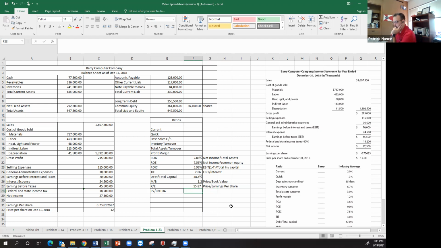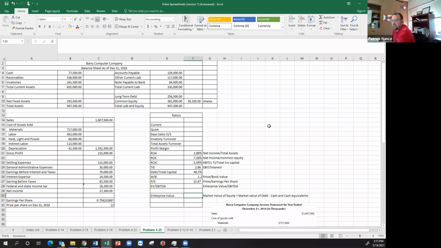Next is enterprise value divided by earnings before interest, taxes, depreciation, and amortization. Okay, sorry about that.